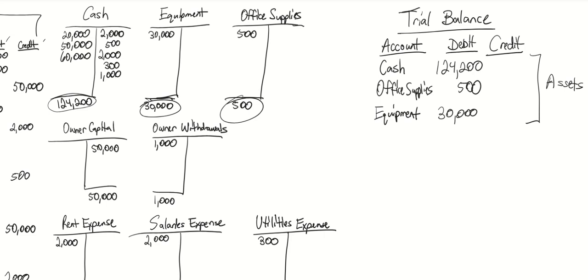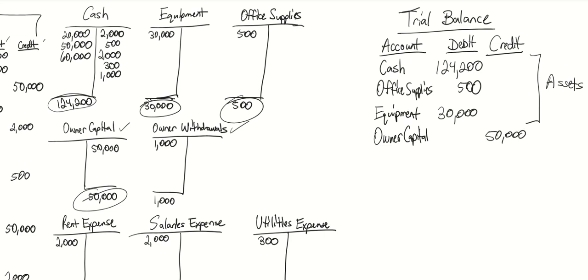The third is going to be equity. And our equity accounts are going to be our owner capital and owner withdrawals. So I'm going to put that there. First, owner capital is going to be displayed, and we have a credit balance of $50,000. So I'm going to put that in the credit column, $50,000.